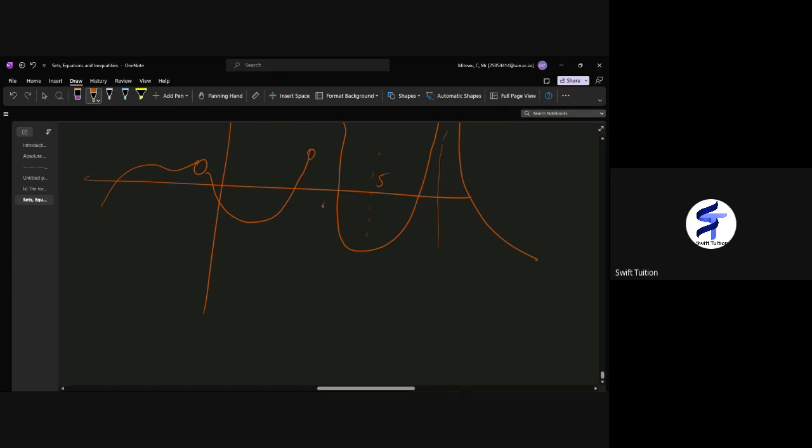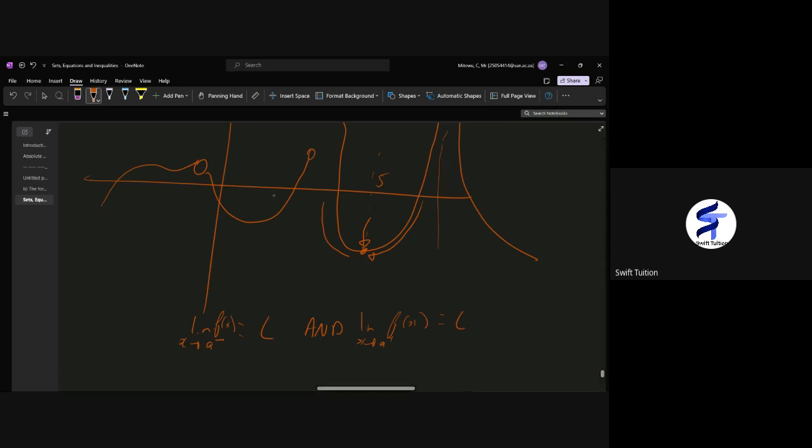From the left-hand side, we are approaching a specific value. From the right-hand side, we're approaching a specific value, and we're not lifting up our pen, which means that the function actually exists at that specific point. A function is continuous if and only if the limit as x approaches a from the left-hand side of f(x) is equal to L, and the limit as x approaches a from the right-hand side is equal to L, as in we're approaching the exact same value from the left and from the right.